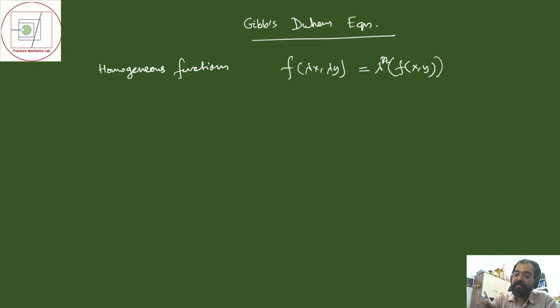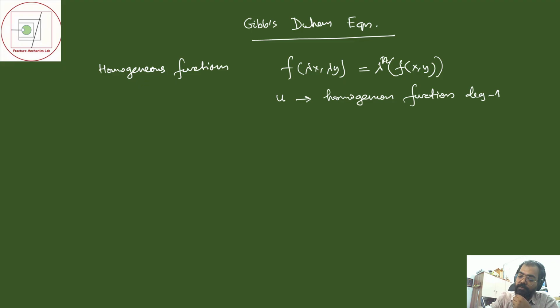Because of the extensive nature of internal energy, U is a homogeneous function of order 1, or degree 1, whatever you want to call it. Okay, so why are we doing this? We will understand first with the example of a homogeneous function.